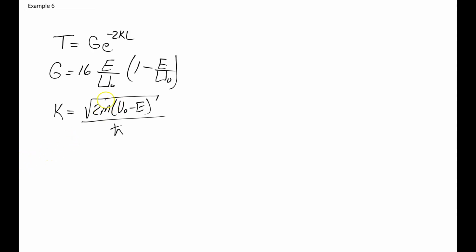So it might be useful to find what G and K are before we do parts A and B.